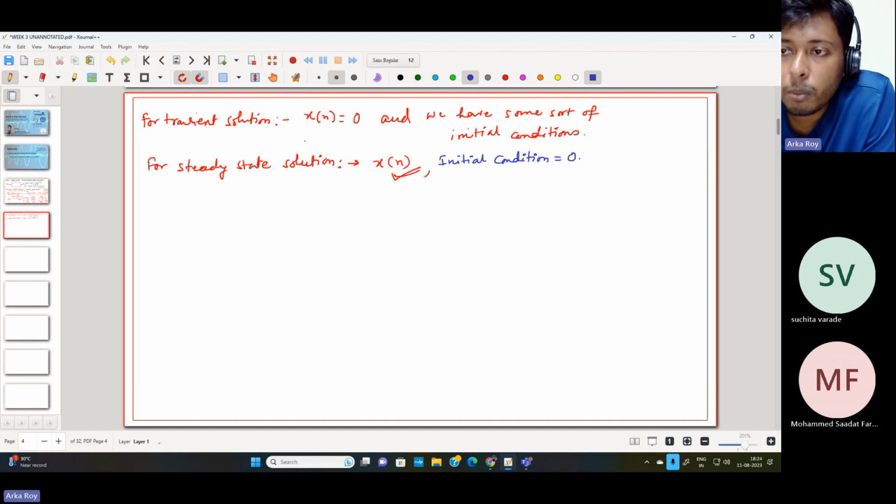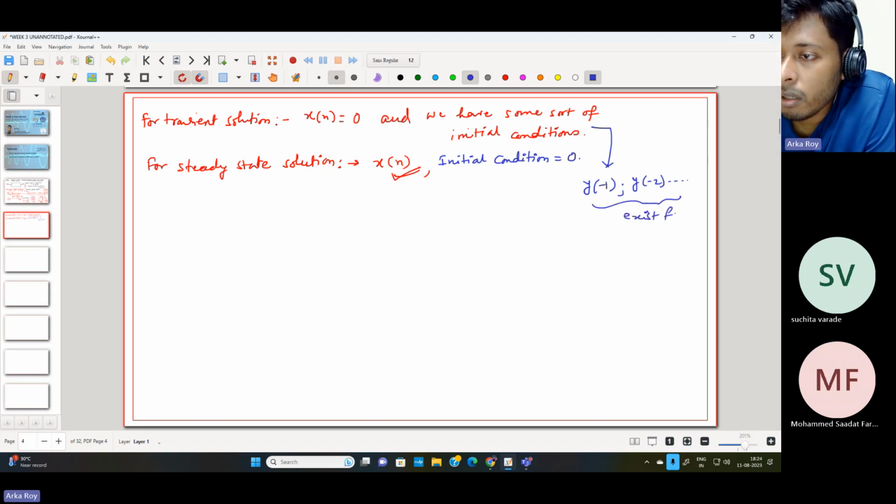However, we have some kind of initial conditions. What I mean by this is that we'll have y of minus 1, y of minus 2, something like that. So these values will exist for the transient case.